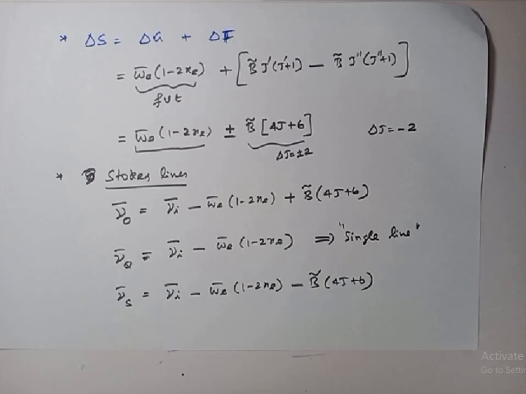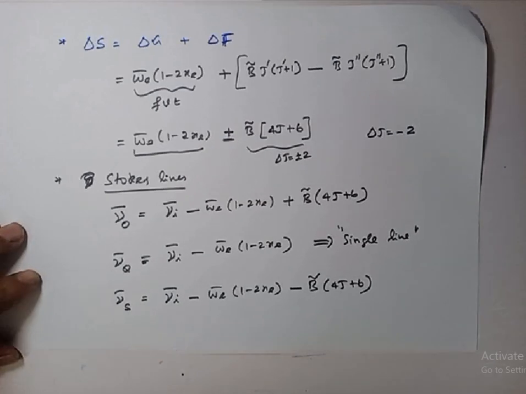Do you remember the values? Okay. If not, no problem. You just try with this formula. Put delta J minus 2 and delta J plus 2 and check it.